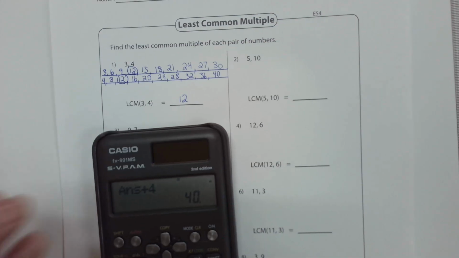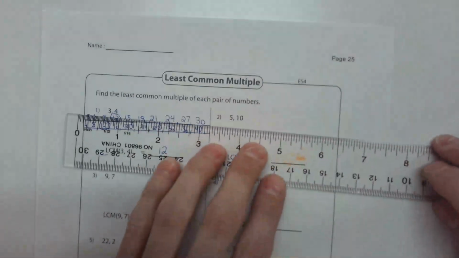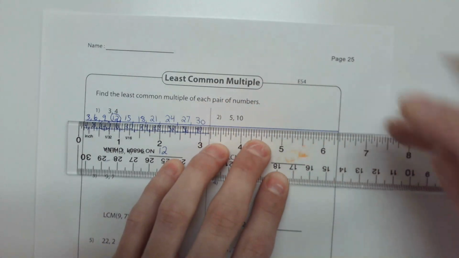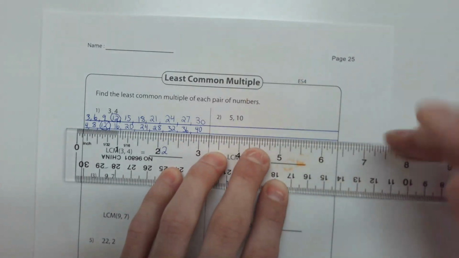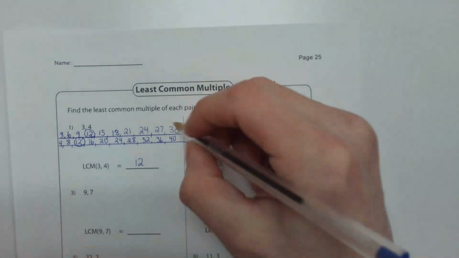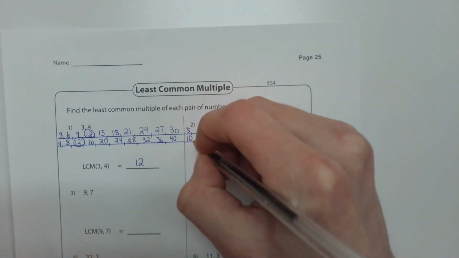Okay, let's try number 2. Let's first start by drawing our 2 lines. Let's put our numbers in their spots on their lines.